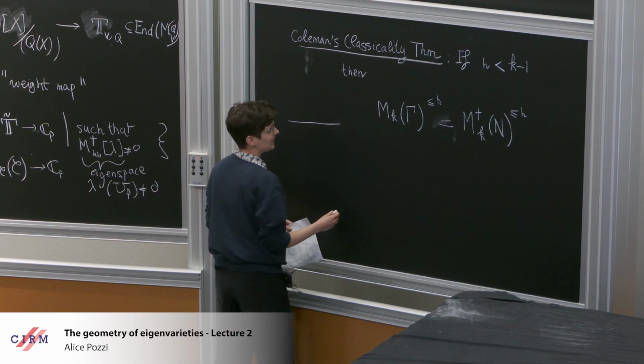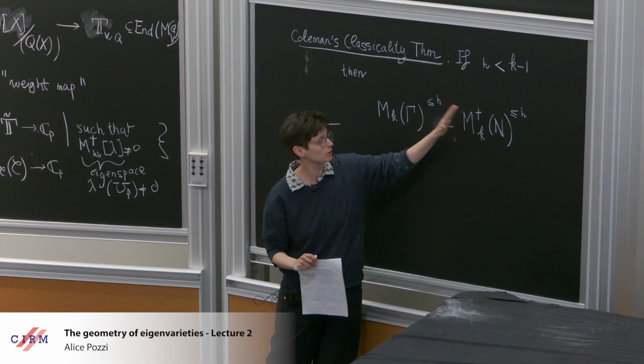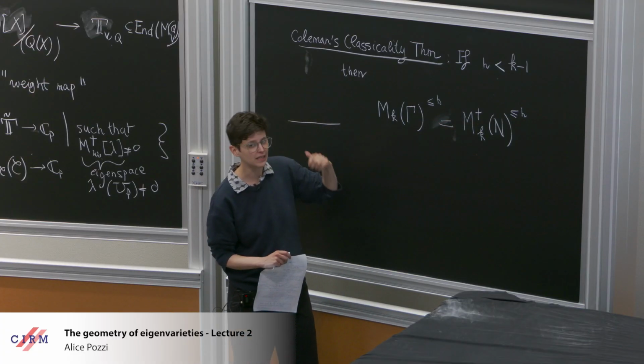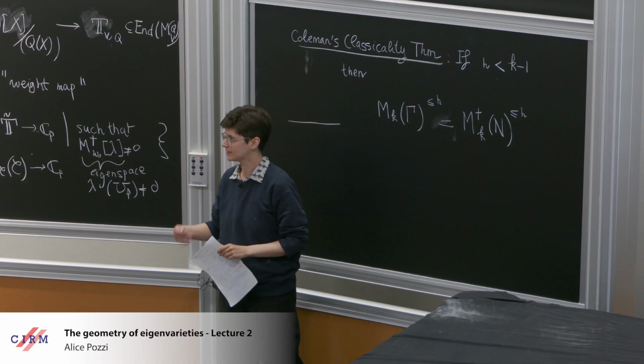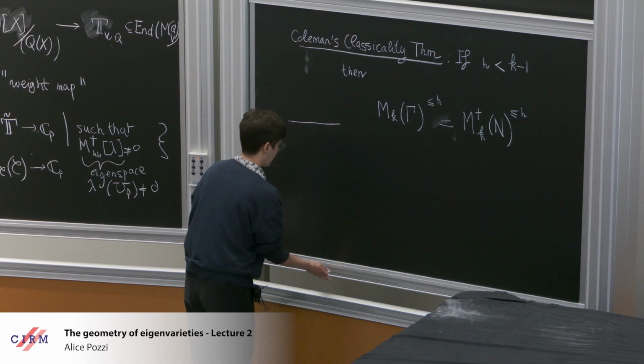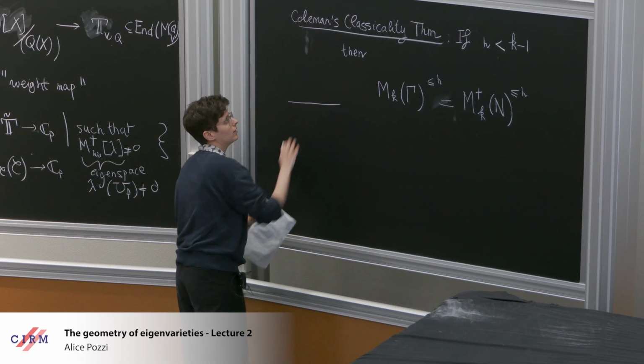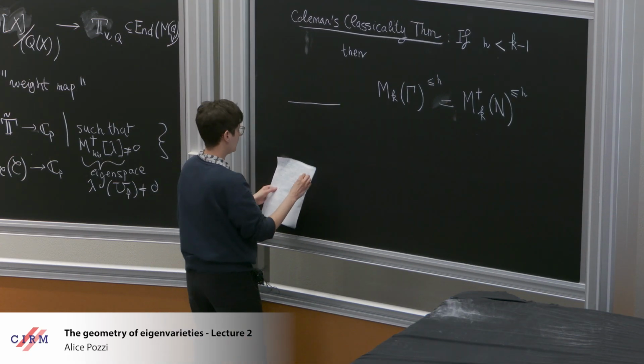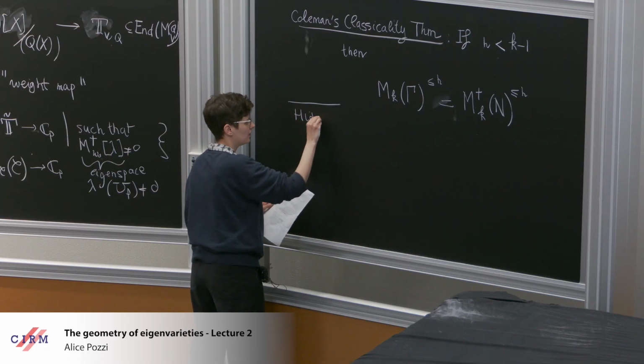Indeed, the case of h equals 0, meaning that the UP operator acts invertibly, has been studied well before Coleman's theory, and this is what is called Hecke theory.